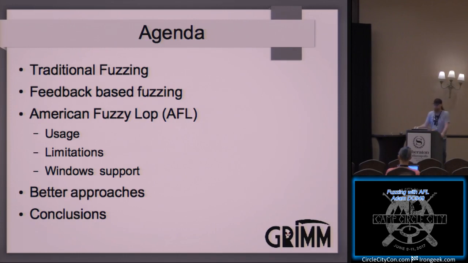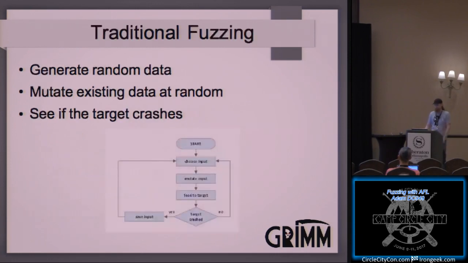And we'll go through how to do that with American Fuzzy Lop, just show you how to use it, the limitations, what it can and can't do, show you how it's supported on Windows. There is a fork that runs on Windows, and then show some better approaches to fuzzing, and just wrap up.